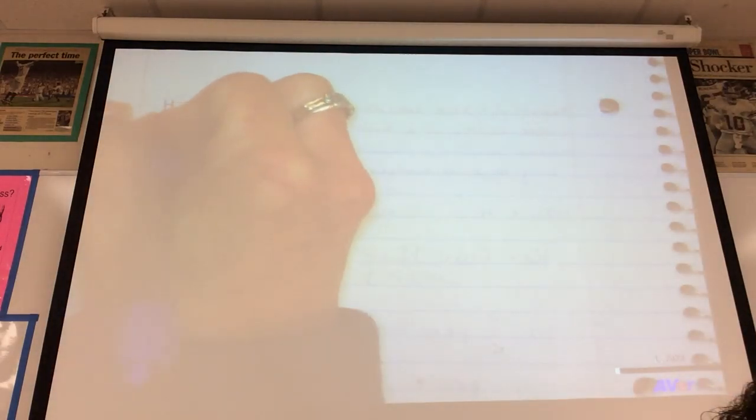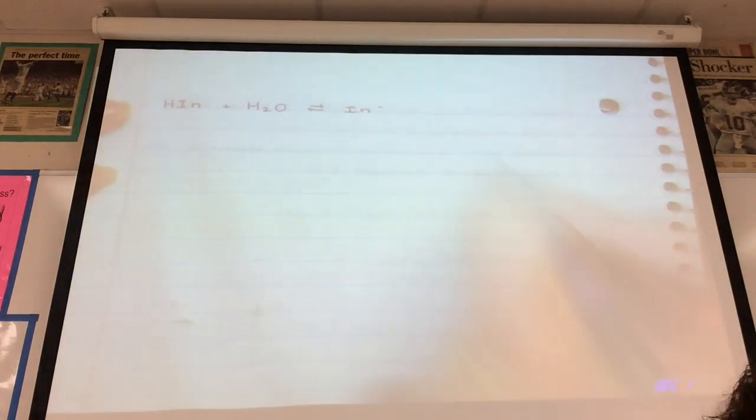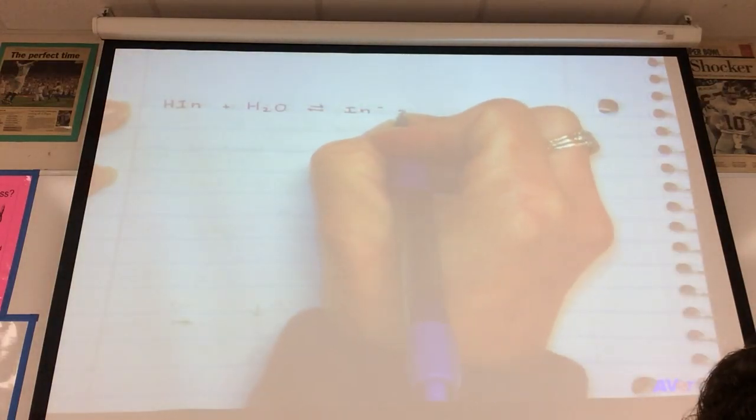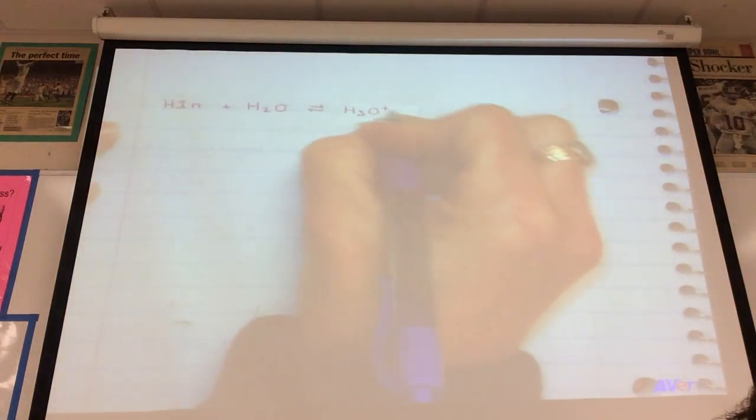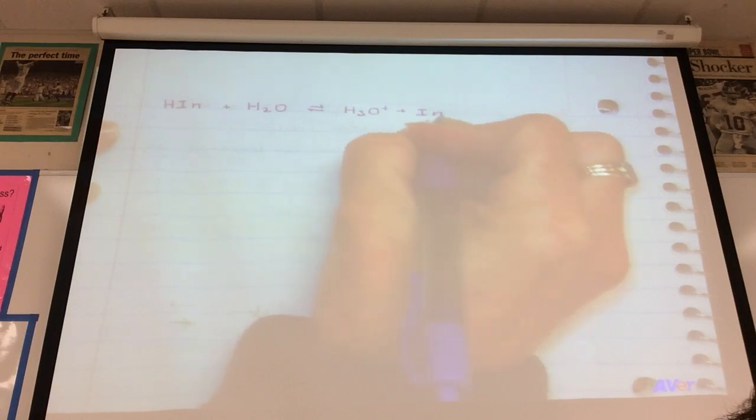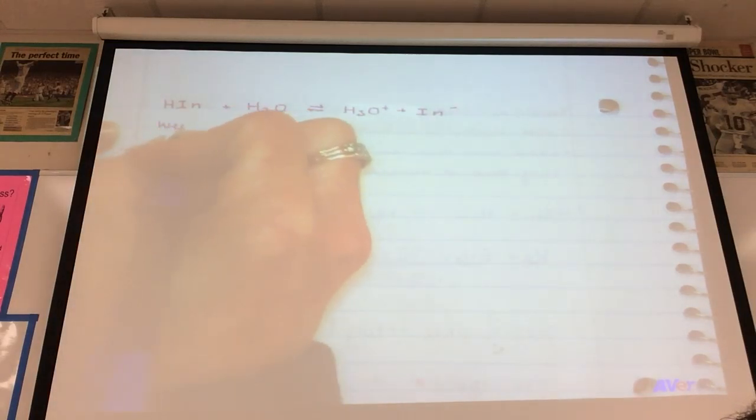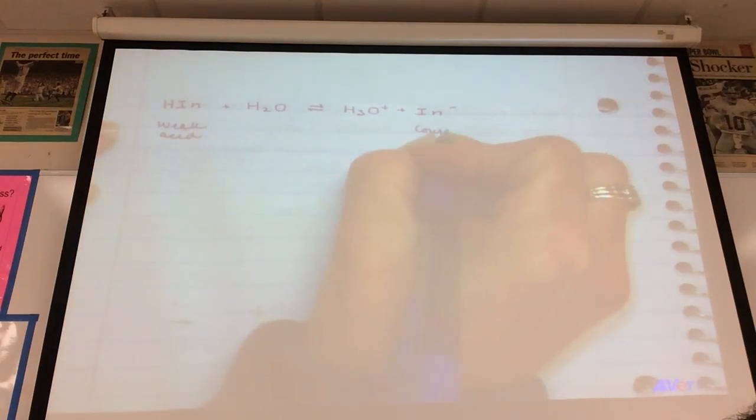So first up, we have the indicator in its weak acid form. I'm just rewriting this equation so we can analyze it. Here's the conjugate base. I wrote it backward from what's there. Let me write it exactly the same, just so it's not a source of confusion. Doesn't matter what you write first, though. So here's your weak acid. Here's the conjugate base.